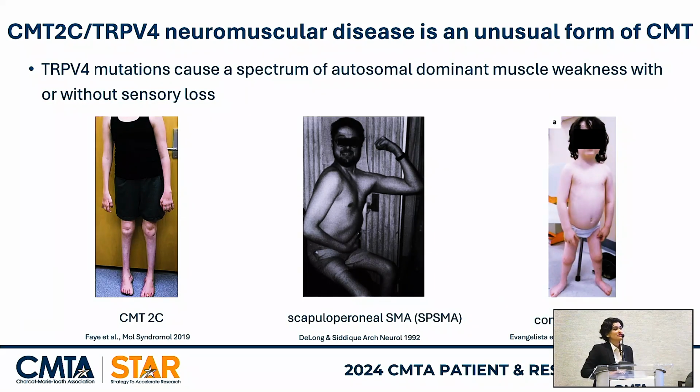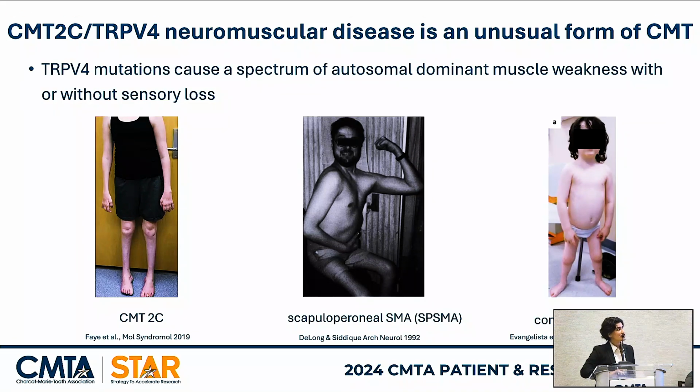So CMT2C, or TRPV4 neuromuscular disease, as we like to call it more broadly, is an unusual form of CMT. These patients all have a mutation in the TRPV4 gene, which results in a mutated TRPV4 protein, and that mutated protein can then go on to cause a number of different symptoms.